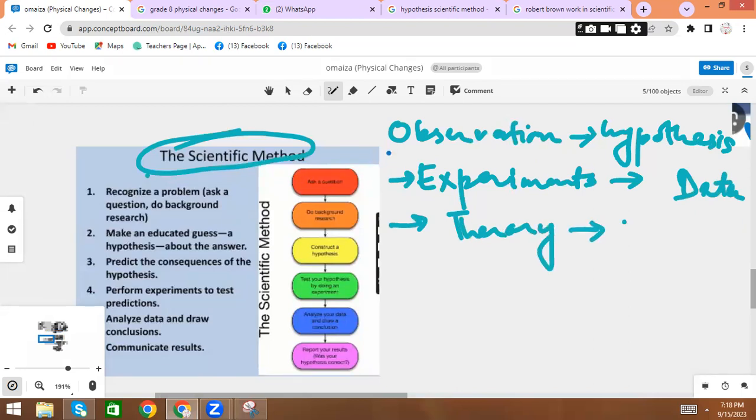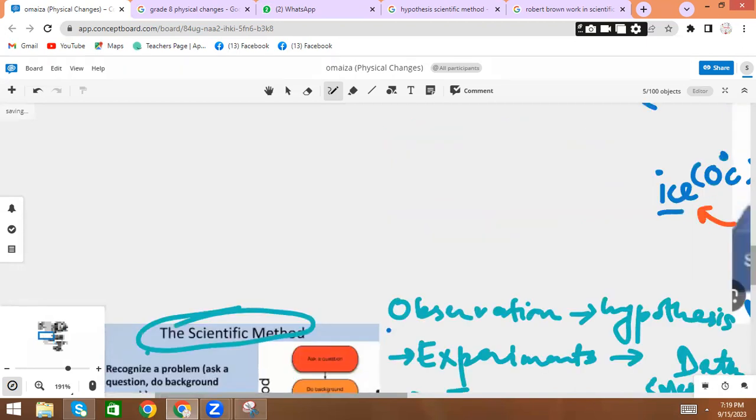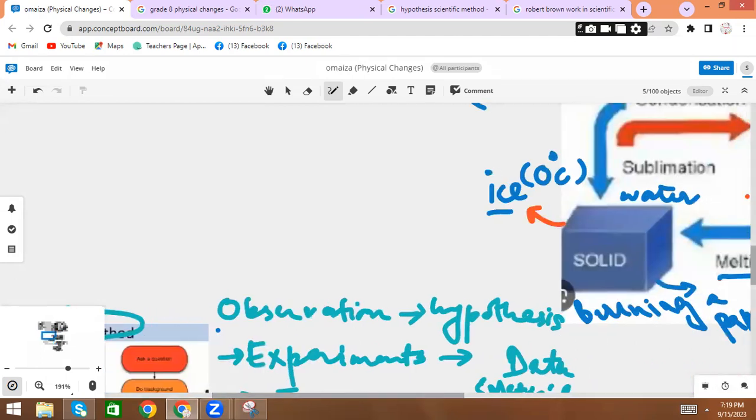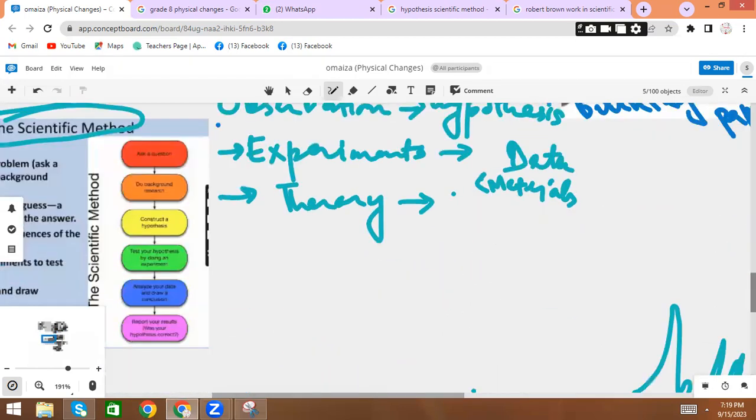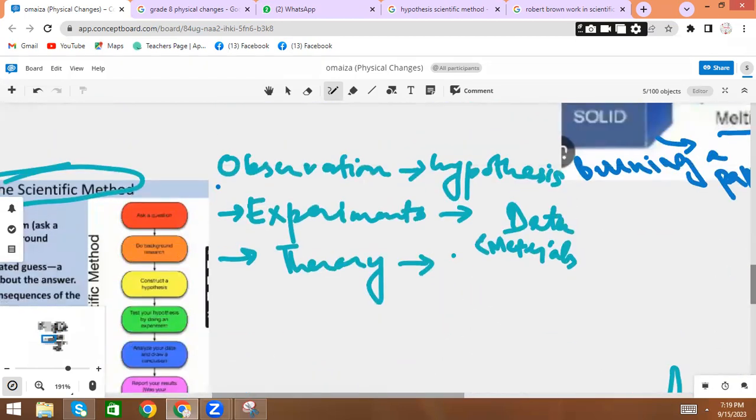You also have to write which materials you are using, so we write the materials in the data. And then you need a conclusion. Yes, then we have the conclusion.